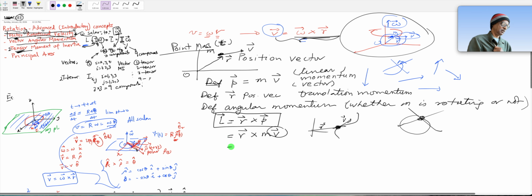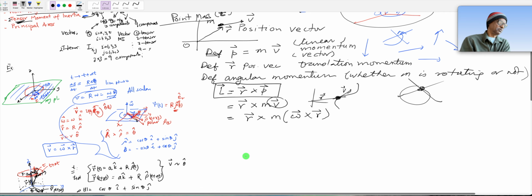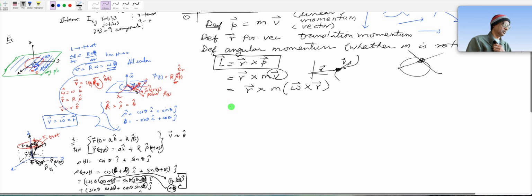So this is R cross M omega cross R. Now, M is just a scalar, so it just comes in the front. So you have M, then R cross the result of omega cross R.